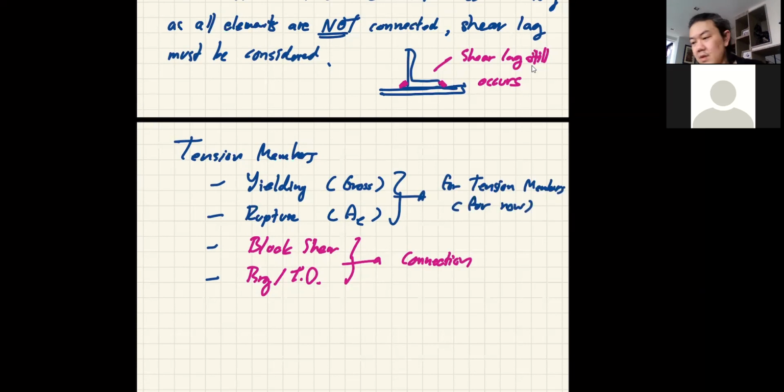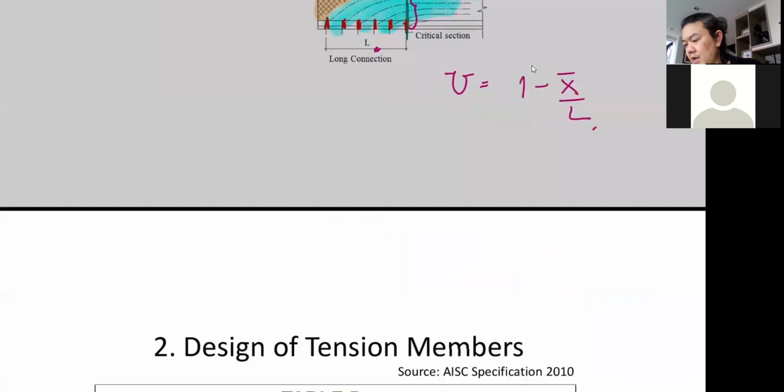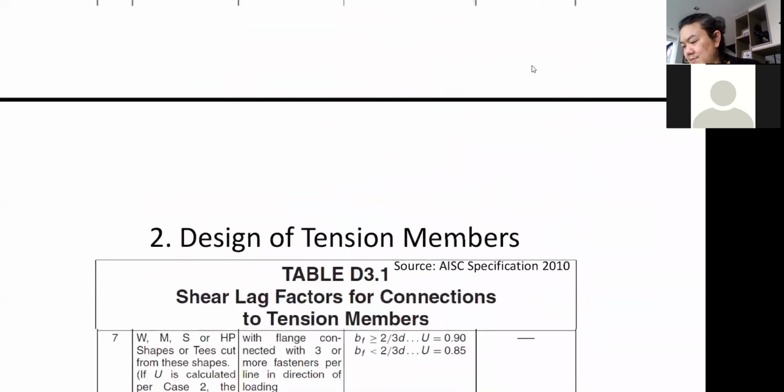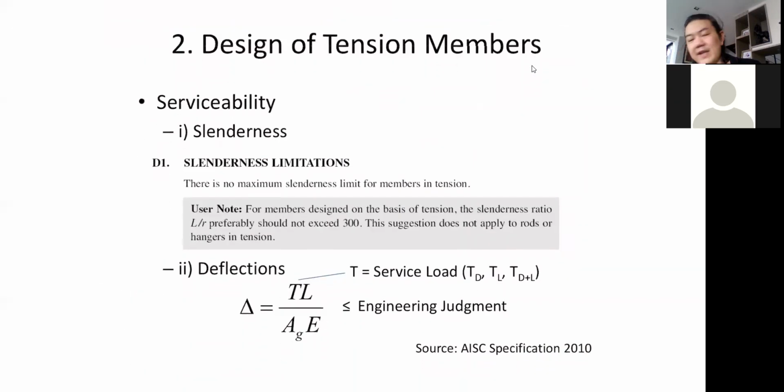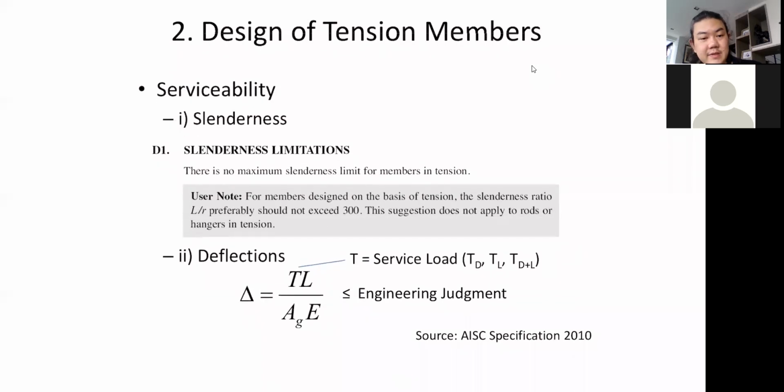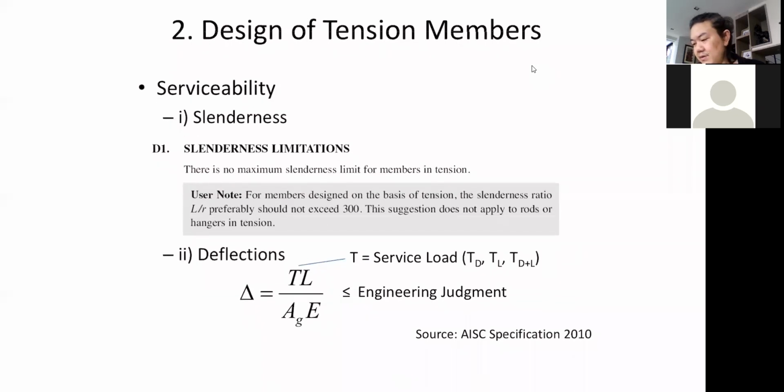Okay. So now let's go back to this chapter 2. From time to time, we already passed this. We need to also check the serviceability as I mentioned yesterday. And here, say it is a note here saying that for members designed on the basis of tension, the slenderness ratio L over r preferably should not exceed 300. r here is the radius of gyration, okay?